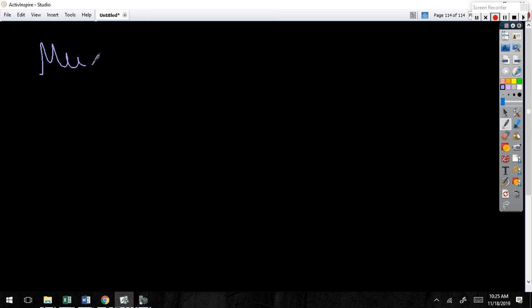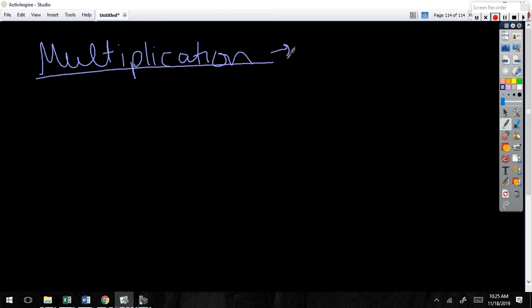All right, let's do multiplication. Remember, whenever you are multiplying terms, and I know that you think you know this, but it's good to put it in here, okay? When you multiply terms, you multiply the coefficients together and you add the exponents.